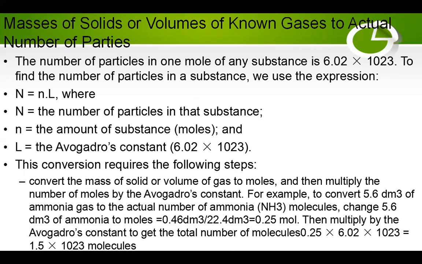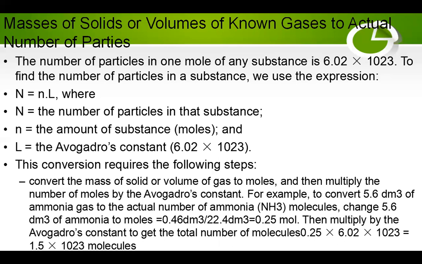To find the number of particles in a substance, we use the expression capital N equals small n times L, whereby capital N is the number of particles in that substance, small n is the amount of substance in moles, and L is the Avogadro's constant. This conversion requires the following steps. First, convert the mass of solid or volume of gas to moles, and then multiply the number of moles by the Avogadro's constant.